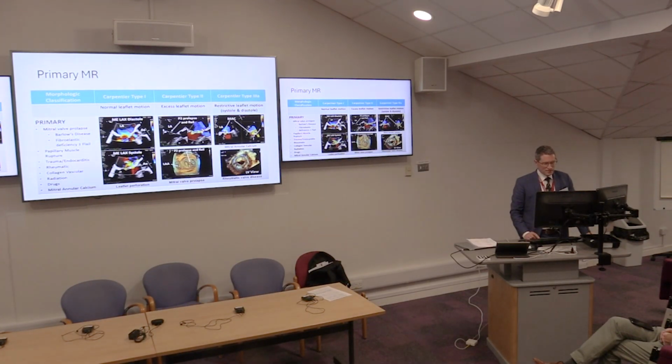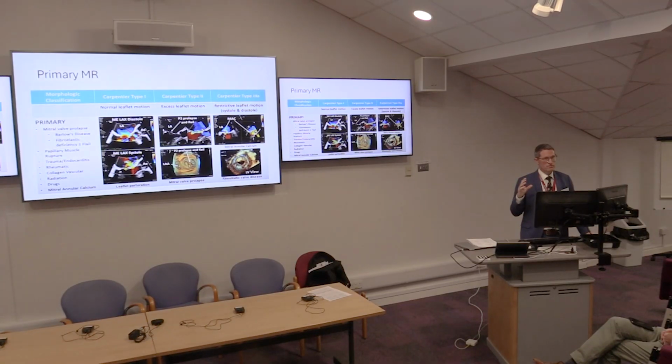So closely related to that classification, the guidelines focus very much on defining what's primary and what's secondary, and one of the points I want to get across to this audience is that even for an imager like me, I find this difficult, because it's true to say that in the majority of cases there will be a predominant mechanism, but this is almost too simplistic.